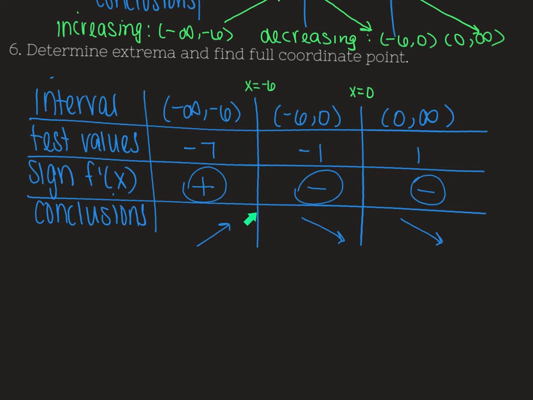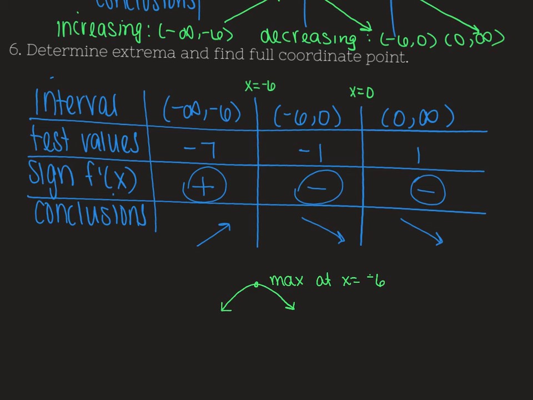Then we get to this point when x equals negative 6, and then we start decreasing. That's really why this conclusion line is helpful, because you can visualize we're going up, we get to this line, we switch, now we're starting to decrease. So this visual is telling me that it's going to go up and then decrease right here. That's telling me I'm going to have a maximum at x equals negative 6.